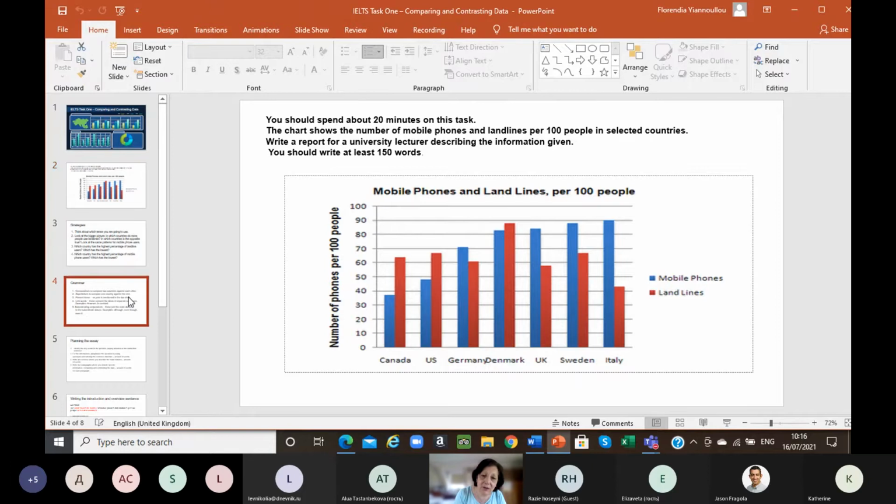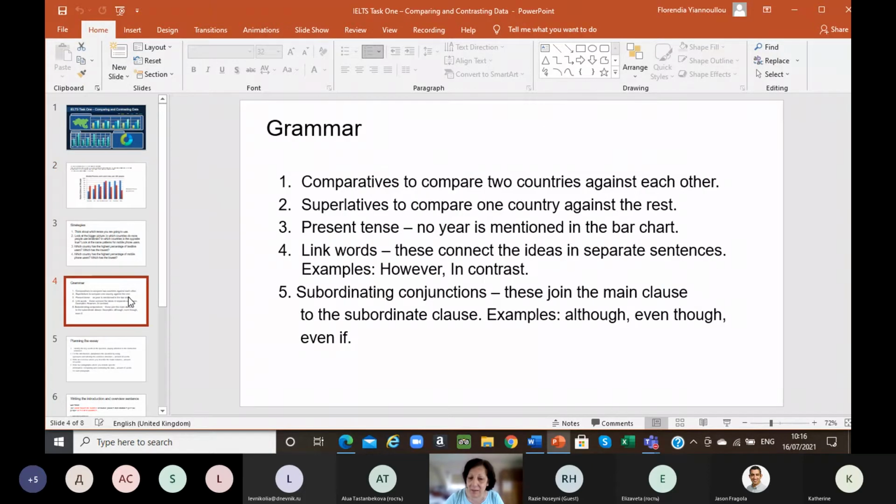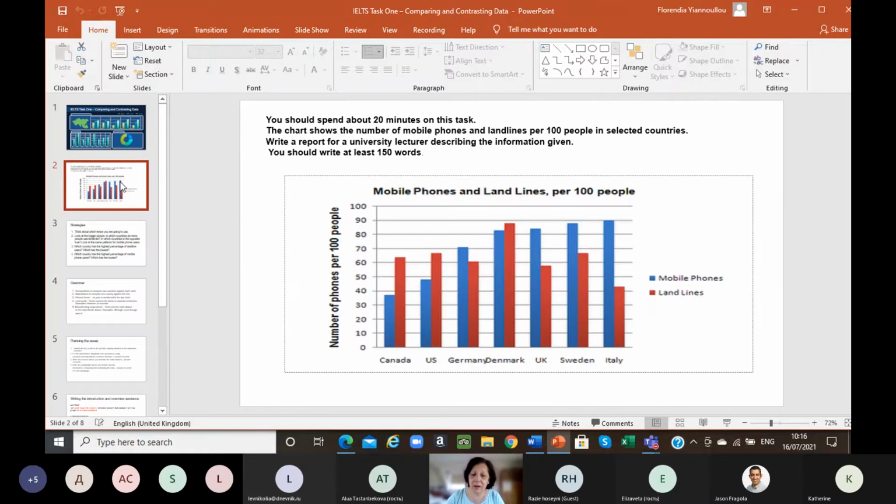Now, they're your strategies and then your grammar. And this is something you need to think about. Comparatives. When you're comparing countries, you could say, on the one hand, in the USA, 48 out of 100 people had mobile phones, whereas in Sweden the figure was much higher, standing at just below, what are we, 90%.